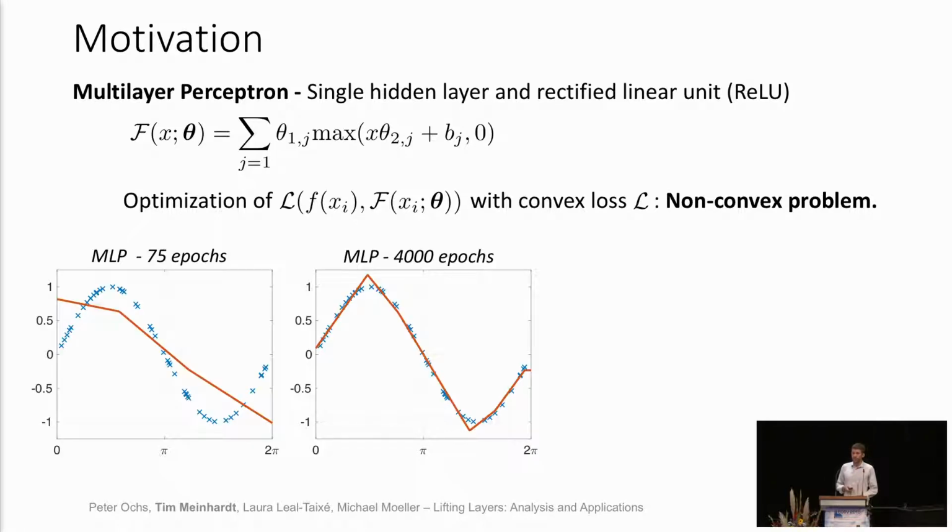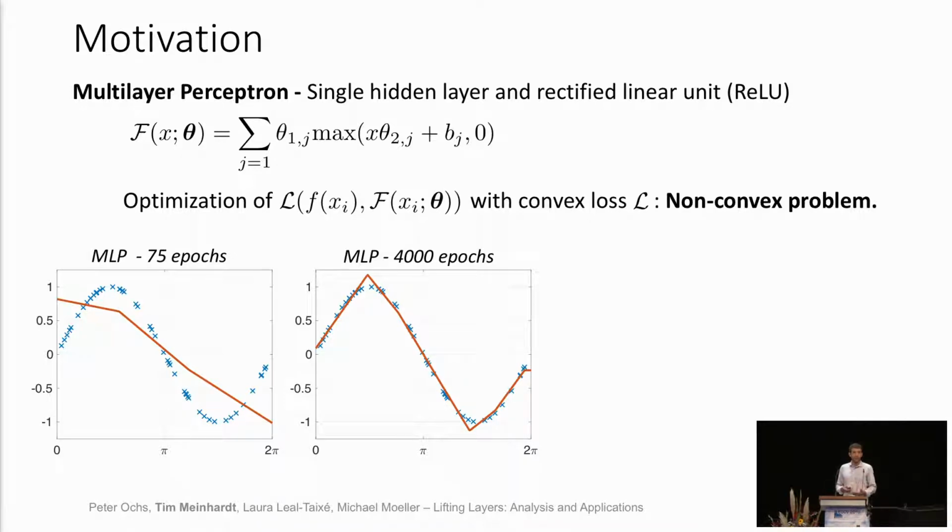Because if we optimize this, we would get something like this. In the beginning, the model would have a hard time. After 75 epochs of training on our sample data, we still haven't achieved any form of convergence, and only after an excessive amount of epochs can we find an optimal solution with this kind of architecture.